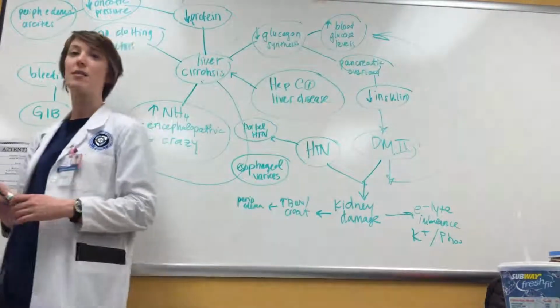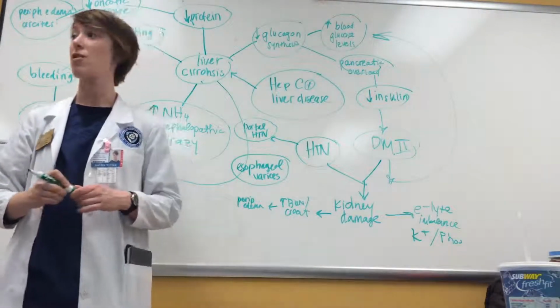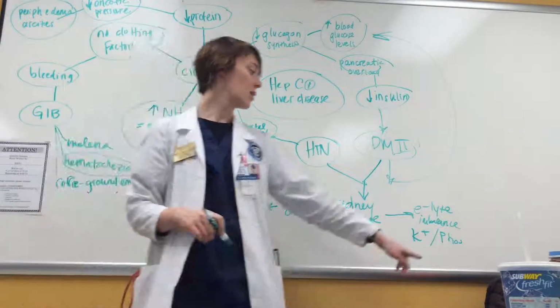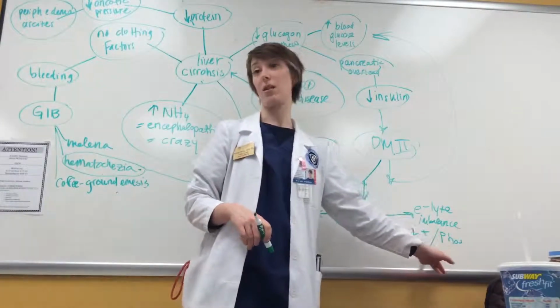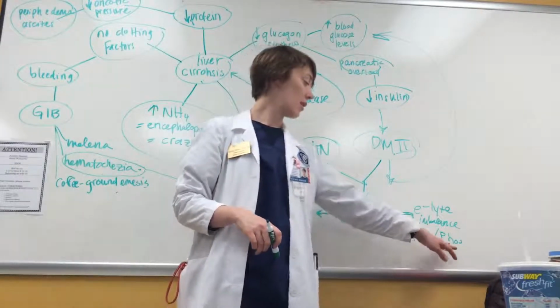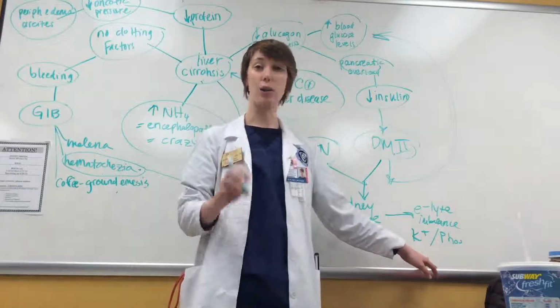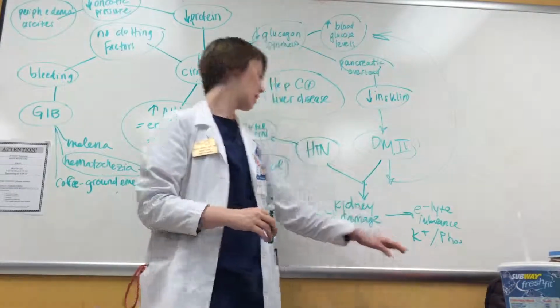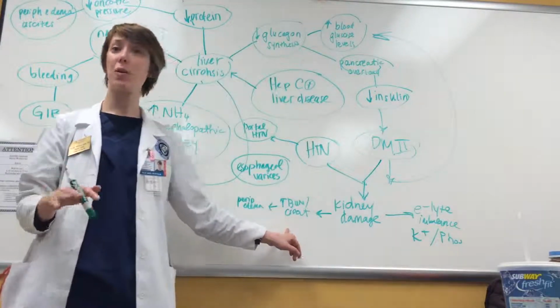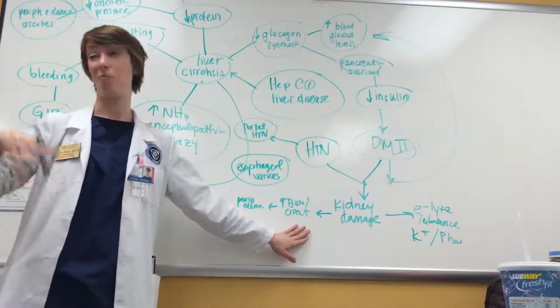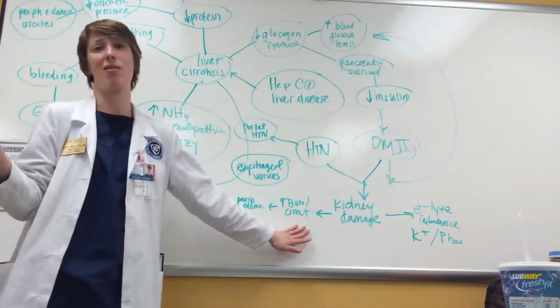Okay? If somebody's in kidney failure and they're not filtering out the way that they need to and regulating electrolytes the way that they need to, these are the two that are going to be super elevated. And how elevated these two are is a better indication of how critical that kidney damage is than BUN and creatinine. Because some people who have chronic kidney disease live with a BUN and creatinine that's pretty high, and they're like, okay, I mean, they're fine.